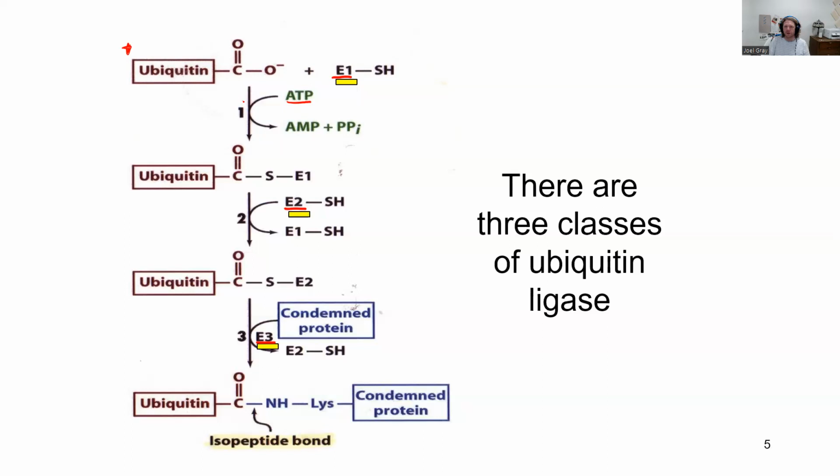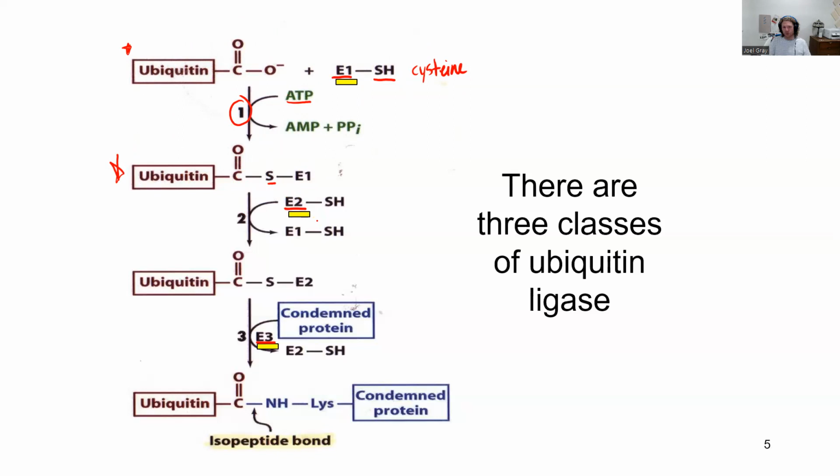So in step one here, we have the C termini of our ubiquitin polypeptide, and we have this SH, which would be indicative of a cysteine residue. E1 is our enzyme that has a cysteine residue that we are going to bind our ubiquitin to. So we end up with this molecule right here, E1 with that cysteine residue with our ubiquitin covalently linked to it.